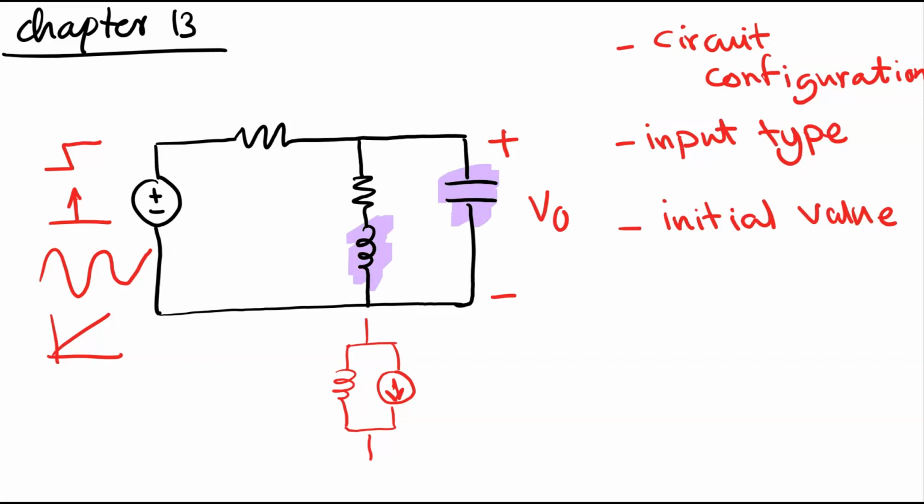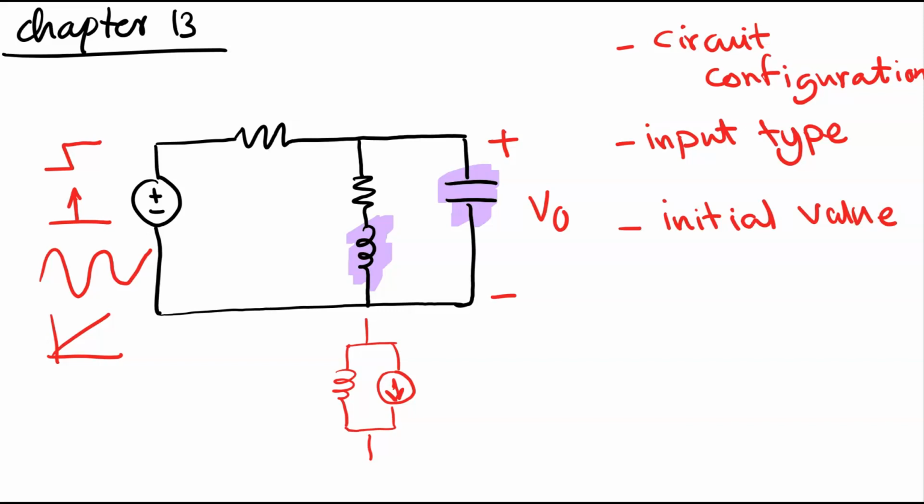The initial values of your inductor and capacitor will be modeled by an extra element in your circuit. So obviously, if you have some initial values, they will change the equation and you're going to have a different response compared to the situation where you don't have any initial values. So here you can see that the response of the circuit depends on these three main parameters.